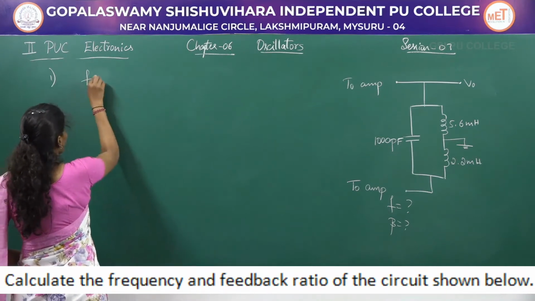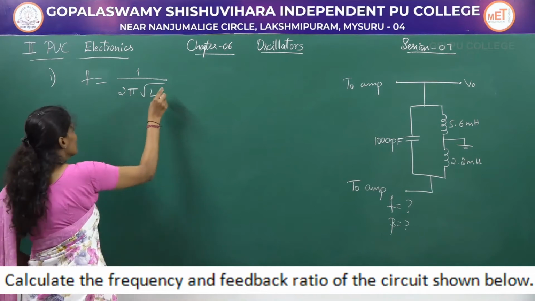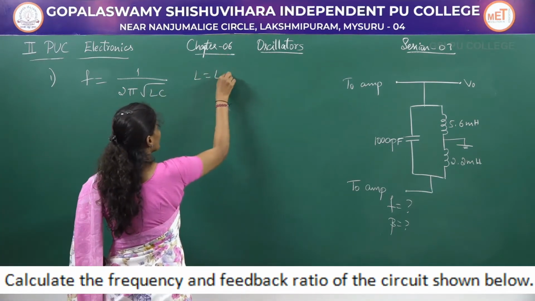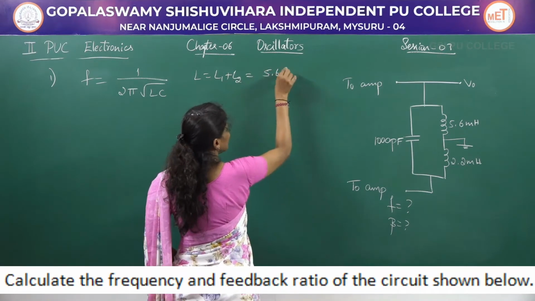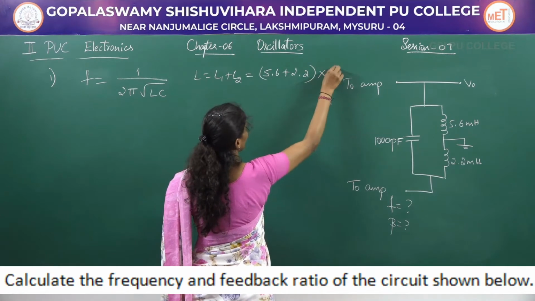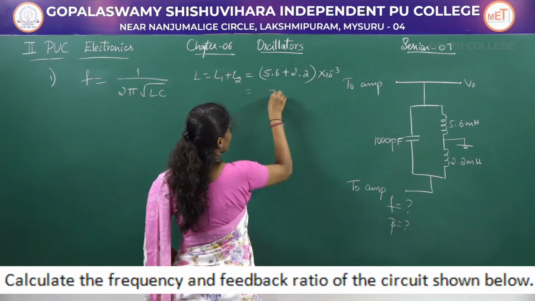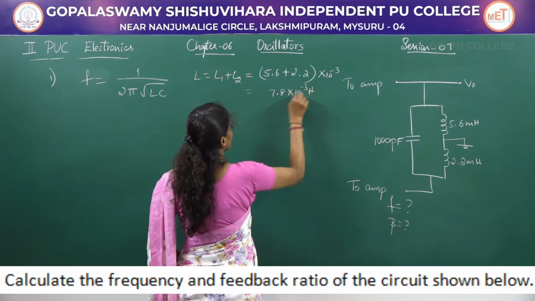So the frequency of a Hartley oscillator is 1 divided by 2 pi root LC, where the L value is equal to L1 plus L2. L1 value is 5.6, L2 value is 2.2, into 10 to the power of minus 3. So I will get 7.8 into 10 to the power of minus 3 Henry.